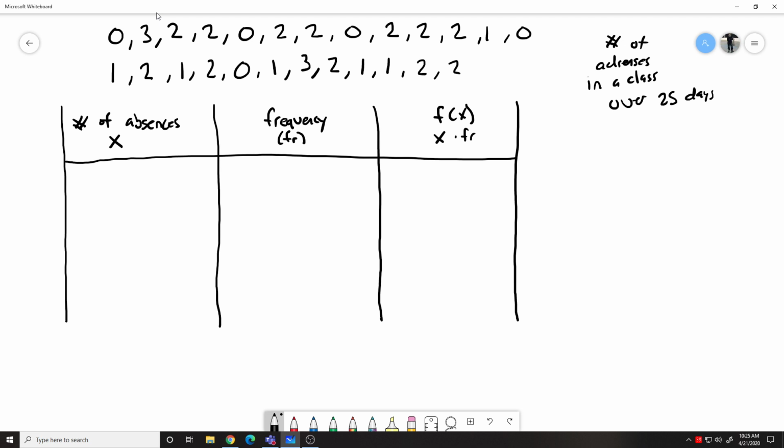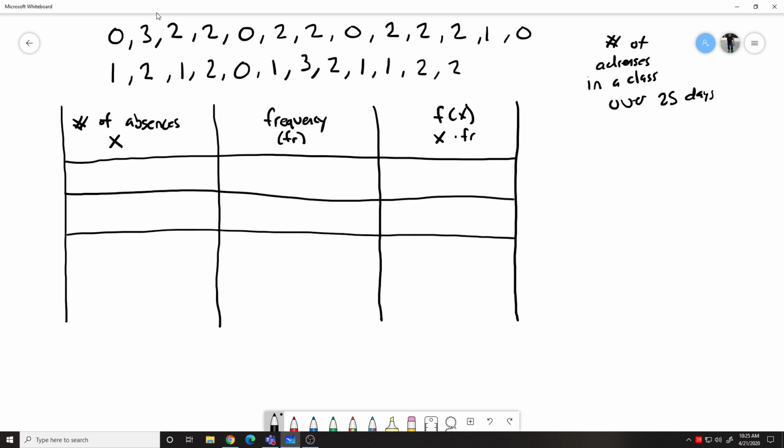So I have 4 different types of number in this data set. I don't have anything other than 0, 1, 2, and 3. That means I will need at least 4 rows to make a frequency table. So there's 1, 2, 3, and 4.